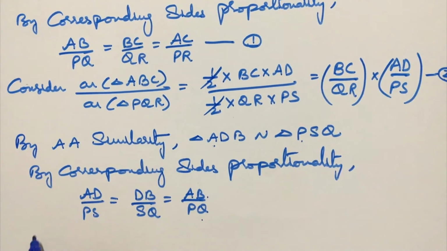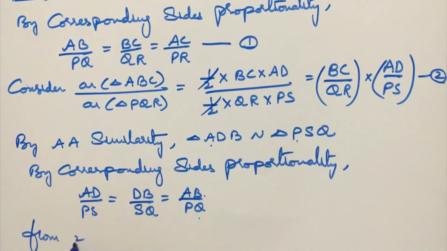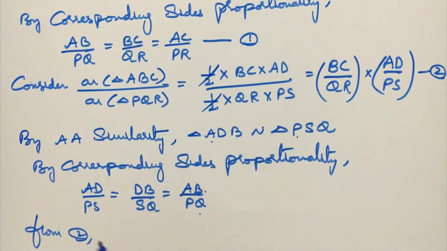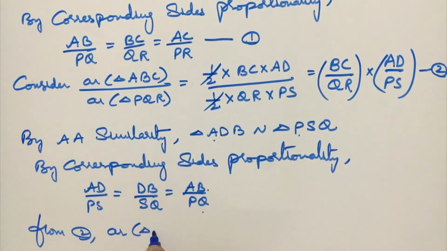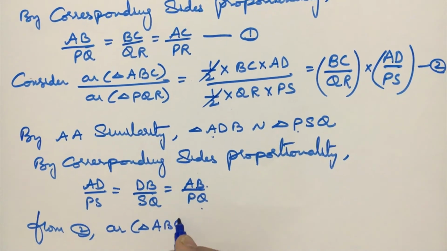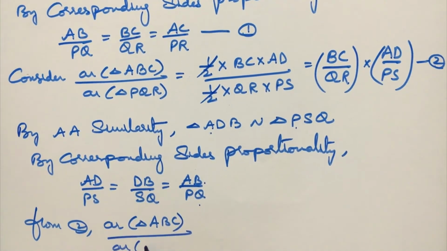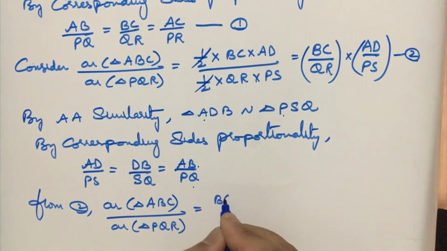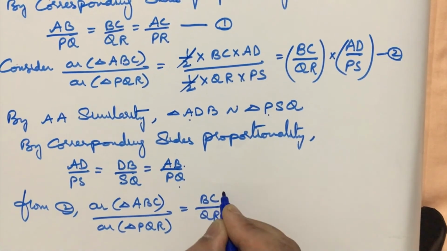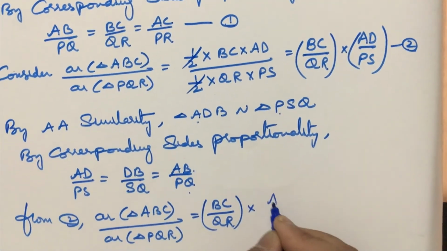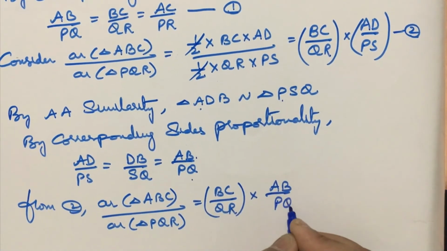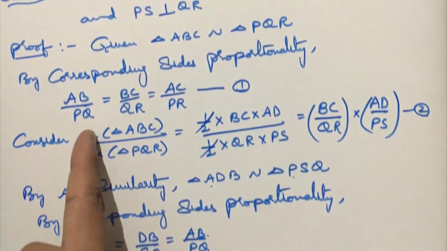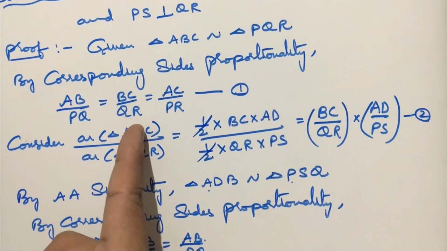So from equation 2, I can replace AD by PS with AB by PQ. Area of triangle ABC by area of triangle PQR is equal to BC by QR into AB by PQ. But in equation 1, we have seen that AB by PQ is equal to BC by QR.